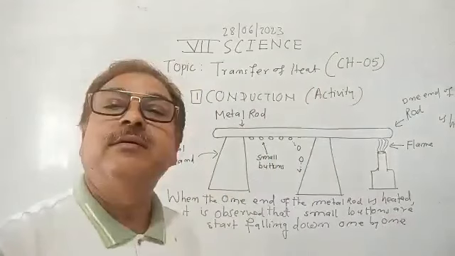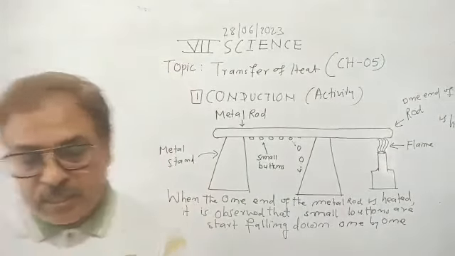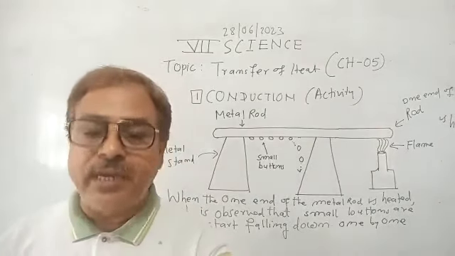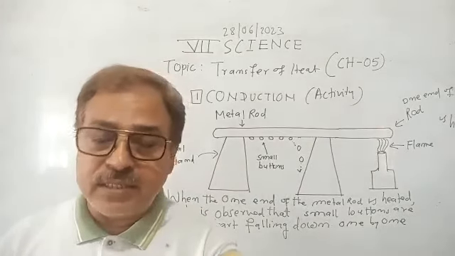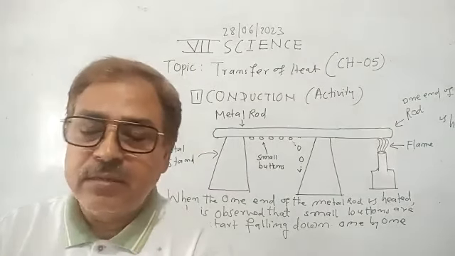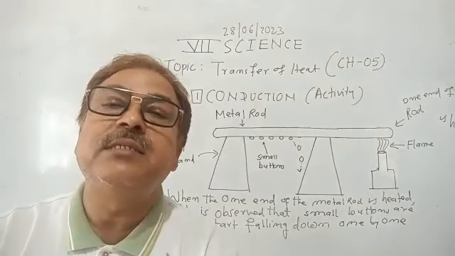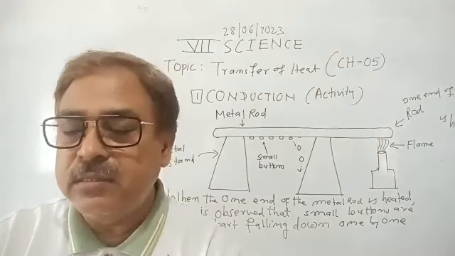Why are the small buttons falling? They are falling due to the heat supplied, which melts the wax. Due to the heat of the flame of the burner, the heat is transferred.